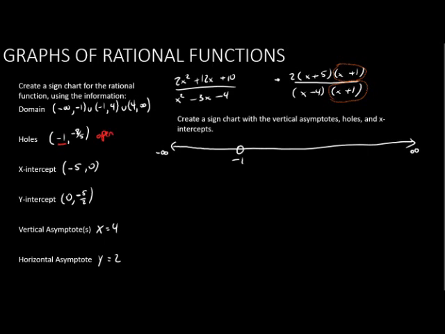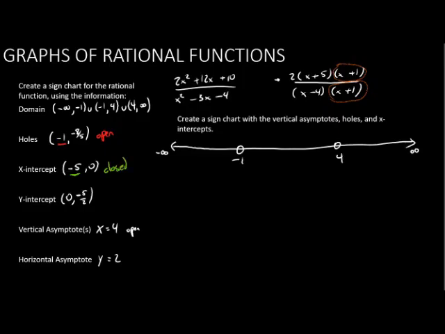We'll also mark the vertical asymptote with an open circle as well. That will be at x equals 4. And so we'll place that on the other side of the number line. We also mark the x-intercept, which is -5, 0. Once again, we are only interested in the x-coordinate, but the x-intercept will appear as a closed circle.